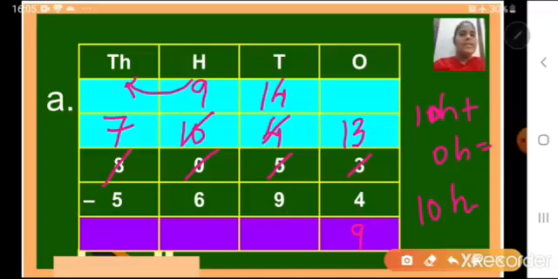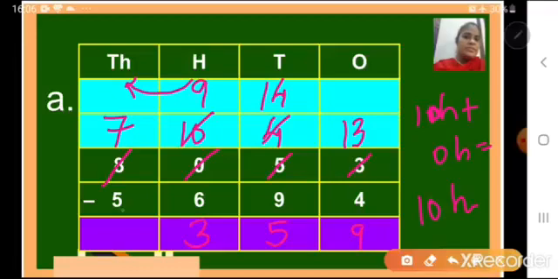9, after 9: 10, 11, 12, 13, 14. 5. 9 minus 6. Is it possible? Yes, it is possible. So 9 minus 6 is 3. Okay. And in thousands place we have 7 minus 5.